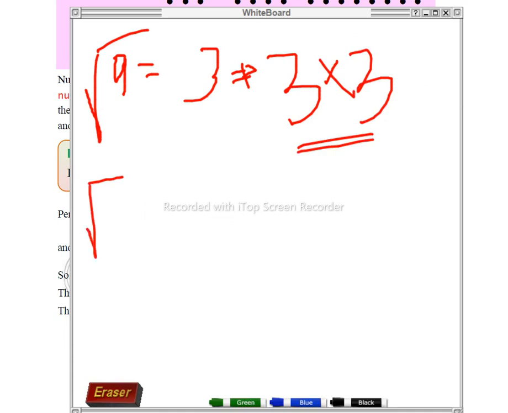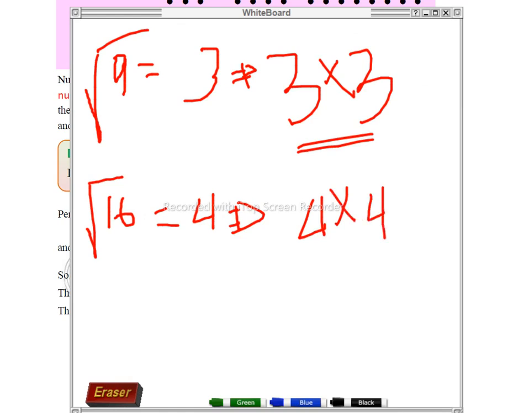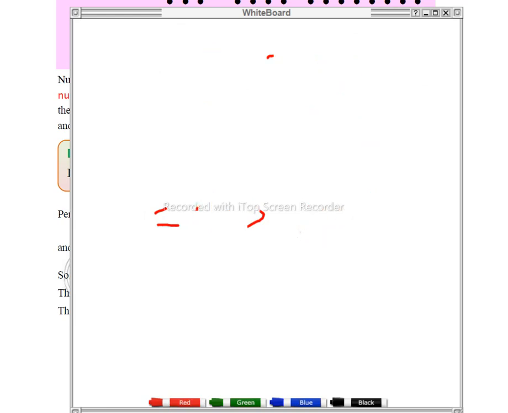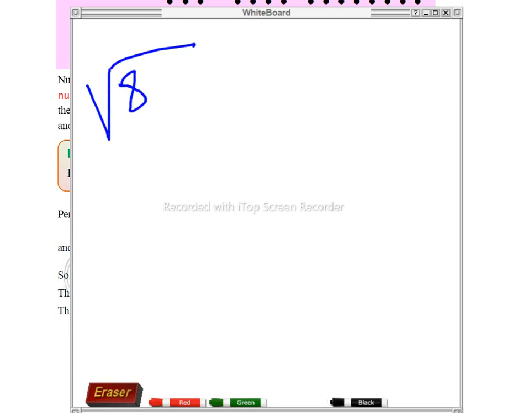There are so many perfect squares, for example 16, because 4 times 4 is 16. So this type of number are all perfect squares. There are also many that are not perfect squares. If you take the square root of 8, it is not a perfect square because there is no number multiplied by itself that gives us 8.